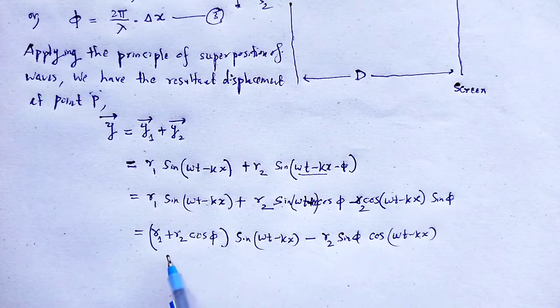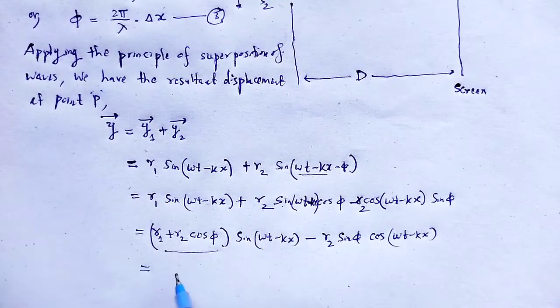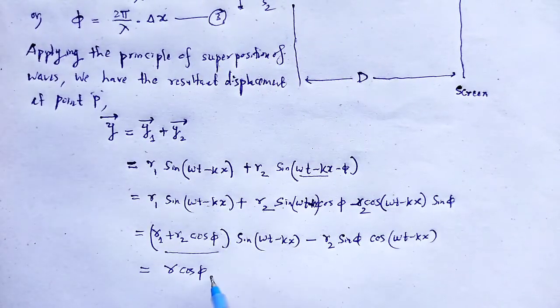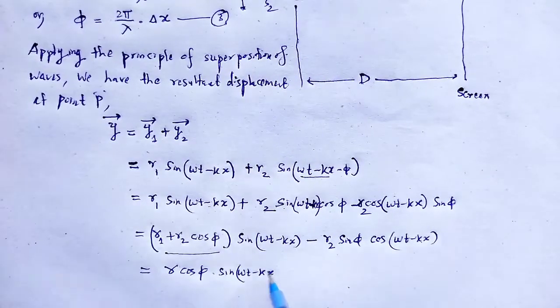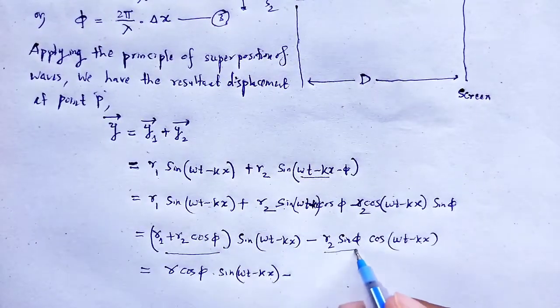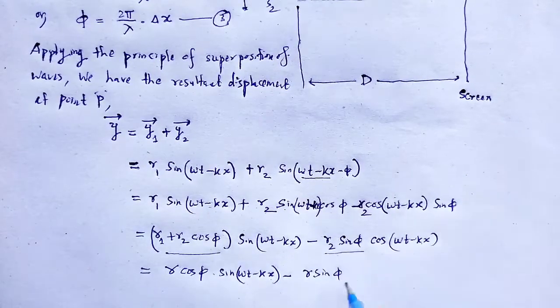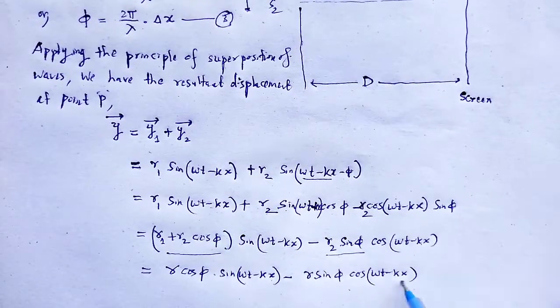Now we use R1 plus R2 cos phi as R cos theta, and R2 sin phi as R sin theta.